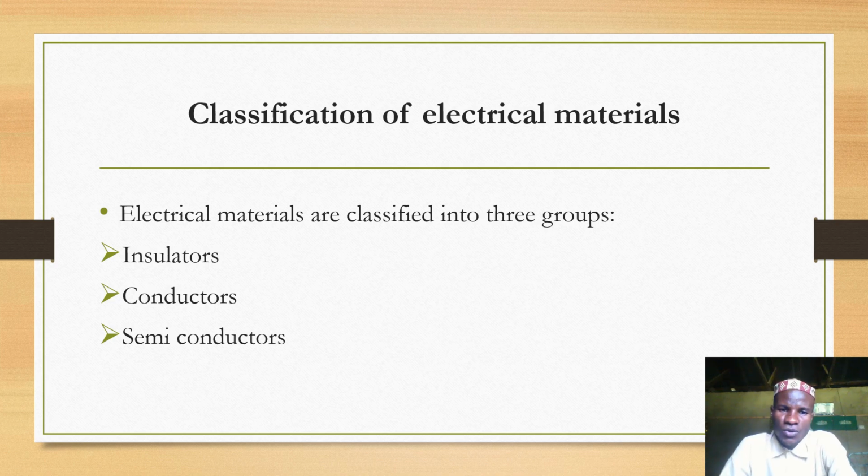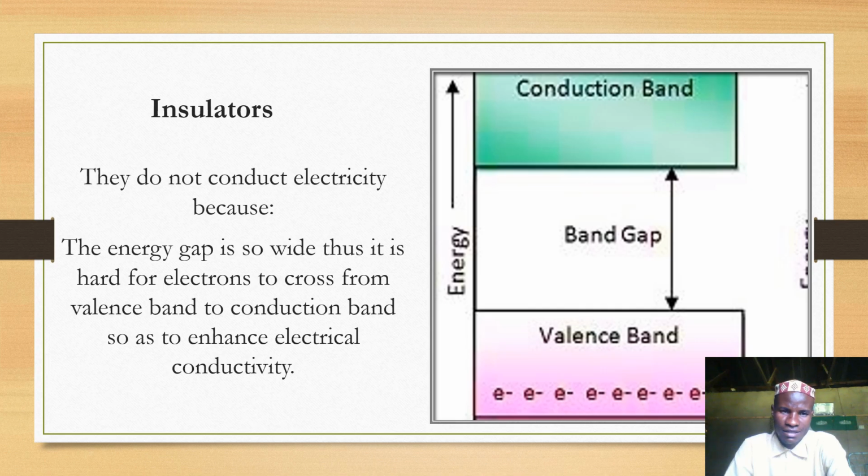Electrical materials are classified into 3 groups, that is insulators, conductors and semiconductors. We shall start looking at them one by one. So we start with insulators. These are materials that do not conduct electricity.